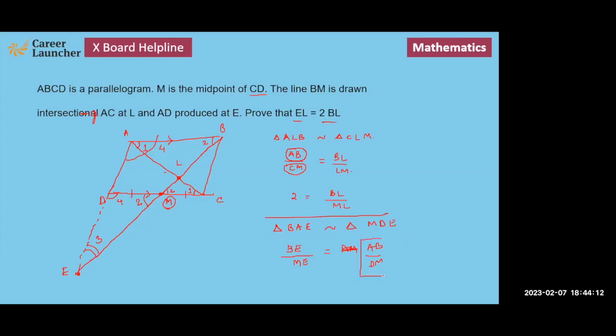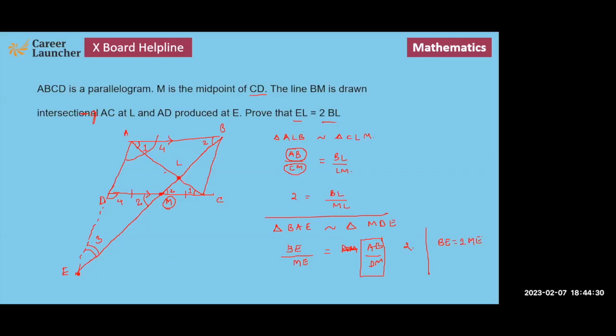Okay, and this value again we know is equal to 2. So I can say that BE must be equal to twice of ME. BE is equal to 2 times ME.